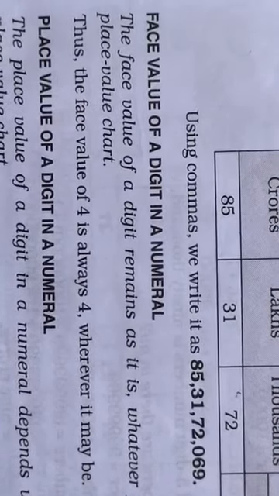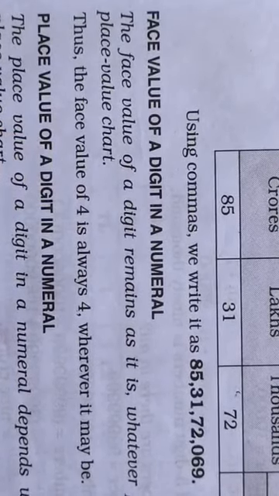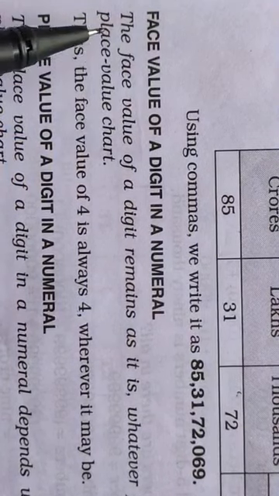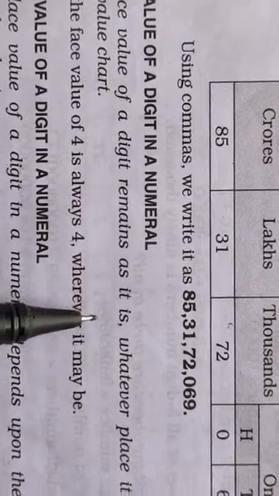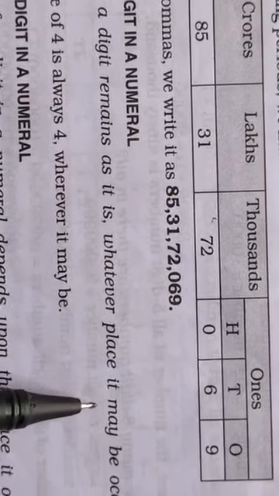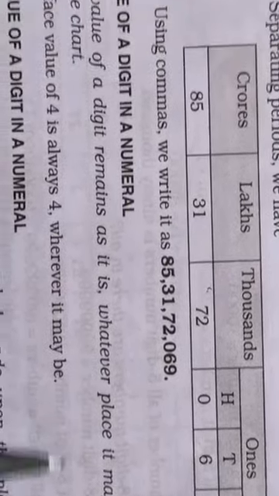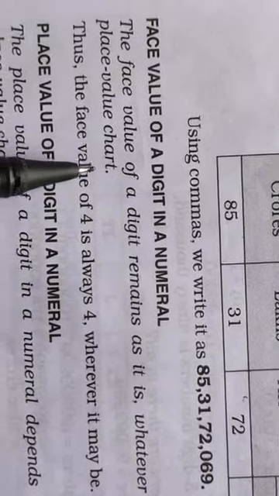So the face value of a digit in a numeral remains as it is, whatever place it occupies in the place value chart. Means the face value will be the same.